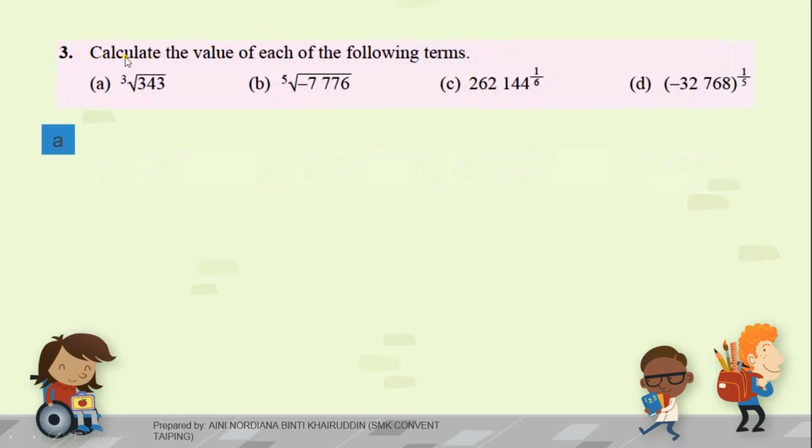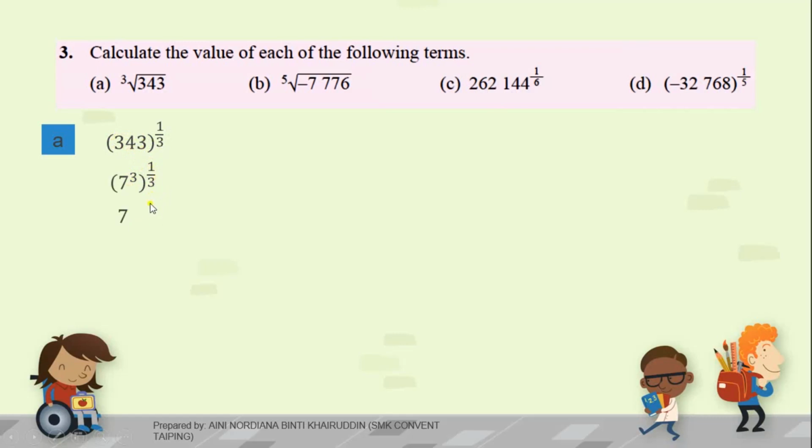So, calculate the value of each of the following terms. So, first, write it in the form of a to the power of 1 over n. So, 343 to the power of 1 over 3. Then 343 changes to 7 cubed, to the power of 1 over 3. Then 3 times 1 over 3 is 1.